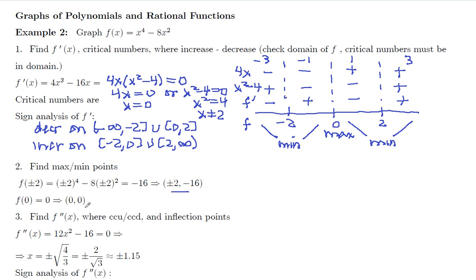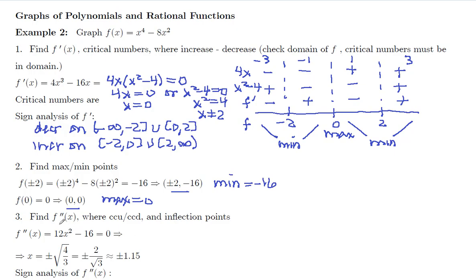So here are our maximum and minimum points. Our local max is 0, so our max actually is the y value. So max equals 0, and the min is -16, the y value.